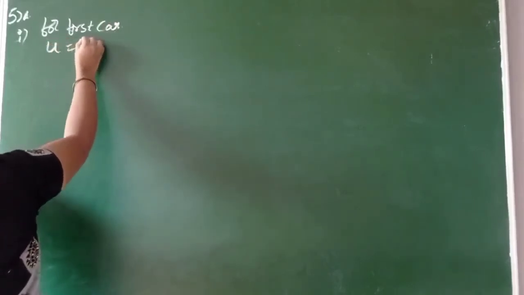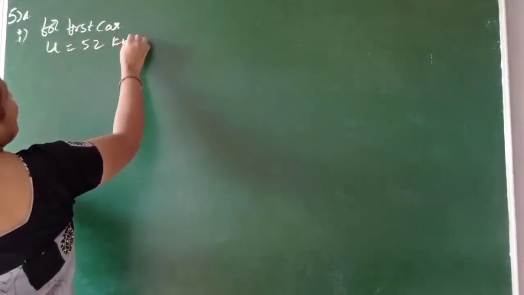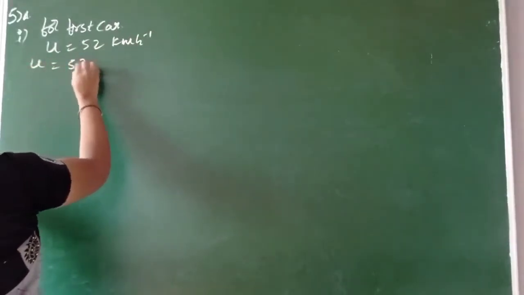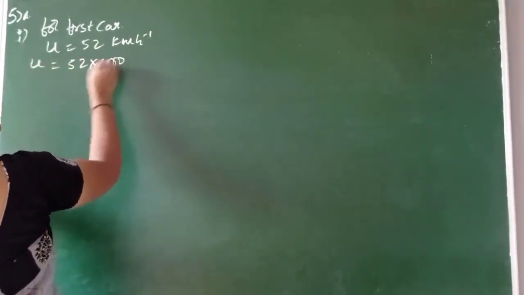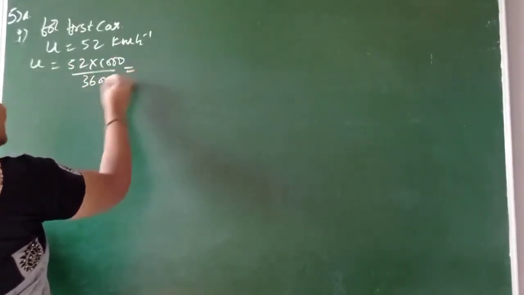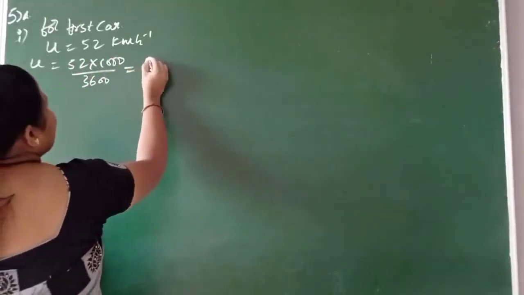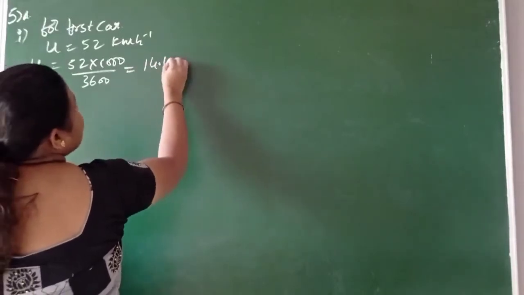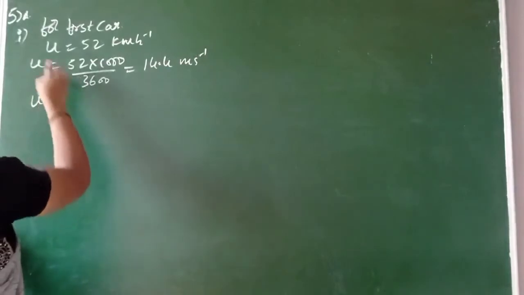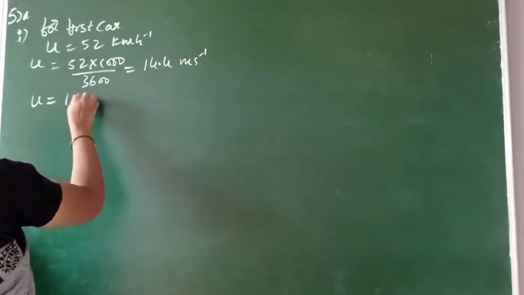Initial velocity is 52 km per hour. So convert this into meters per second, children. That is 52 into 1000 divided by the time, 3600, which is found to be nearly 14.4 meter per second. So with this speed, the first car is moving.